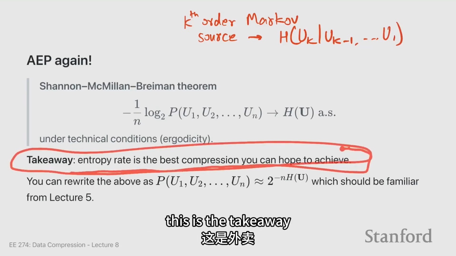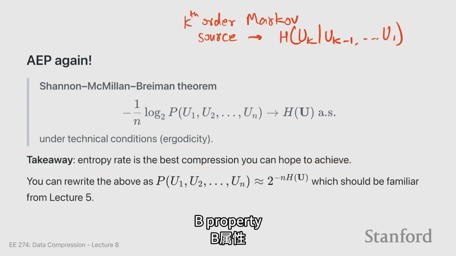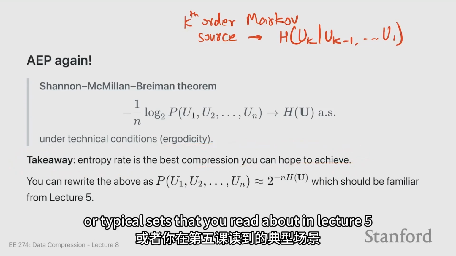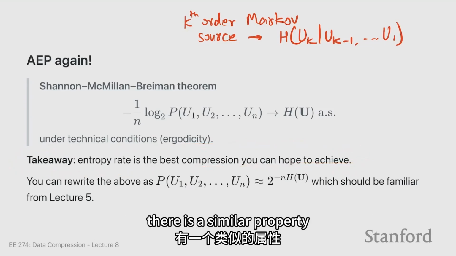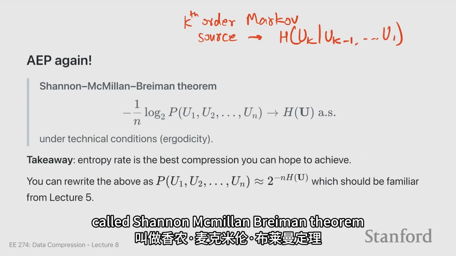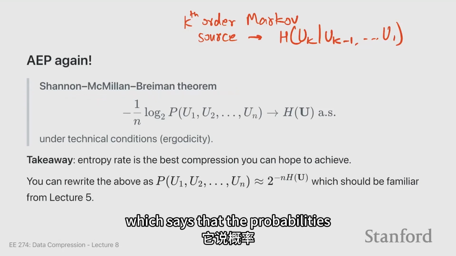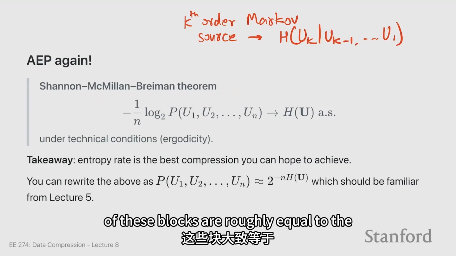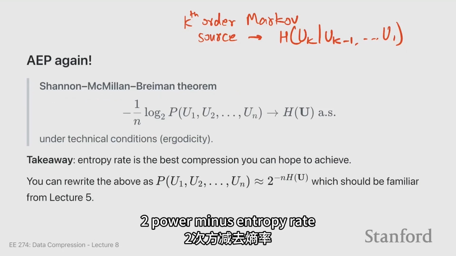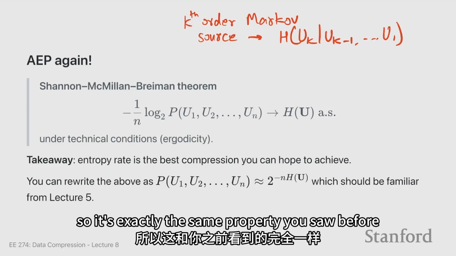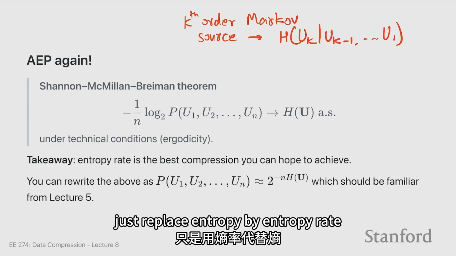This is the takeaway. Just like the AEP property or typical sets that you read about in lecture 5, there is a similar property called the Shannon-McMillan-Breiman theorem, which says that the probabilities of these blocks are roughly equal to 2 to the power minus entropy rate. So it's exactly the same property you saw before, just replace entropy by entropy rate.